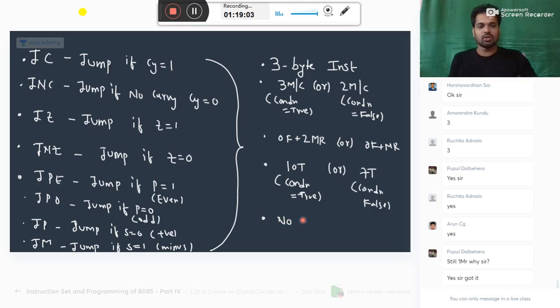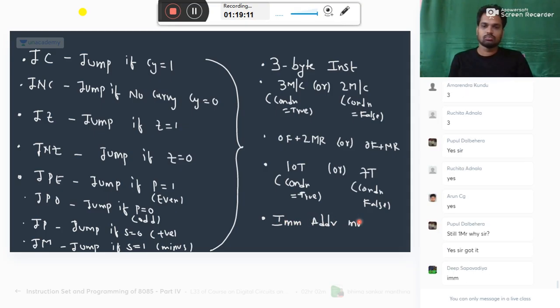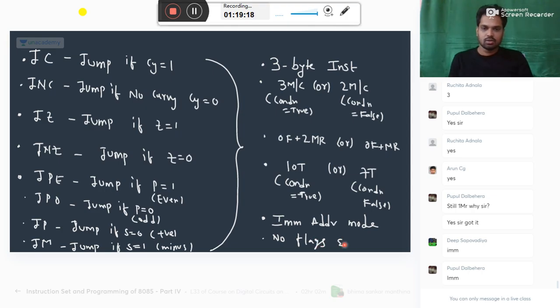No flags. What is the addressing mode? Same story. No flags affected. So earlier it took me around 2 hours to finish some 4-5 instructions.